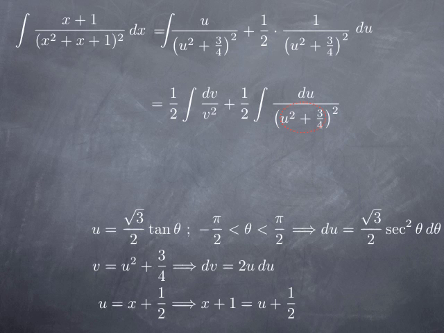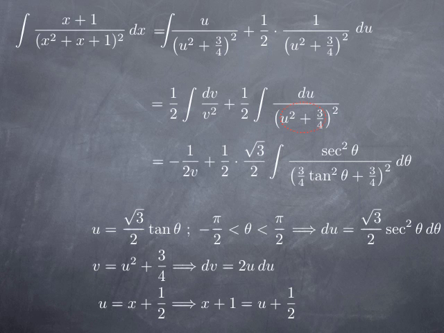Then du is √3/2 secant squared of theta, so we can replace du by this quantity and u squared by 3/4 tangent squared theta. Pulling out the √3/2 from the du, this is what we obtain. You see that here I wrote explicitly what the integral of dv over v squared is.